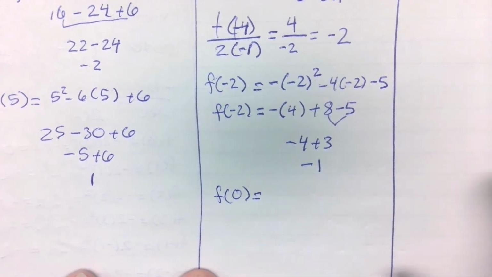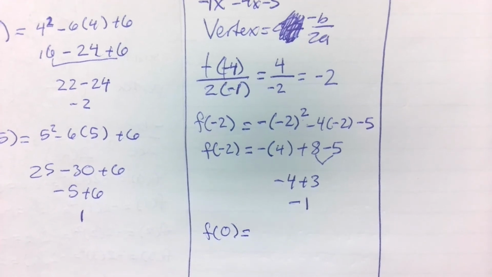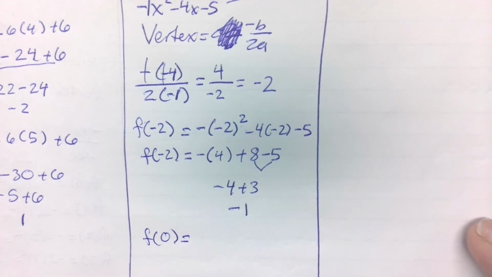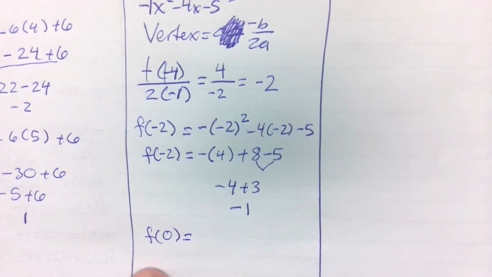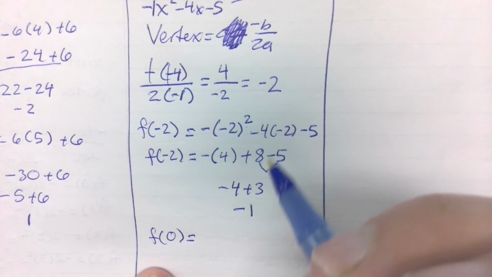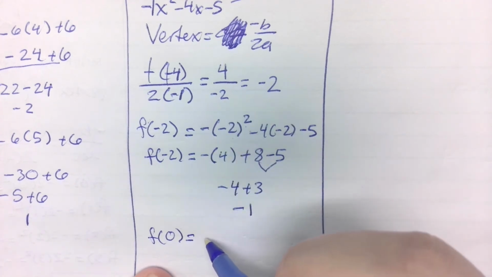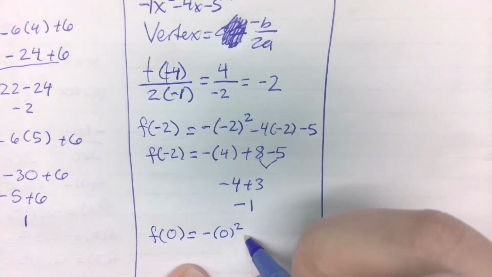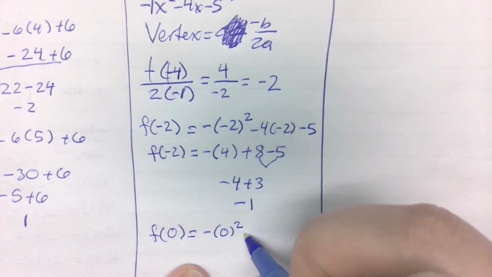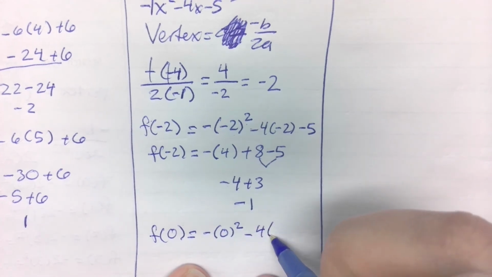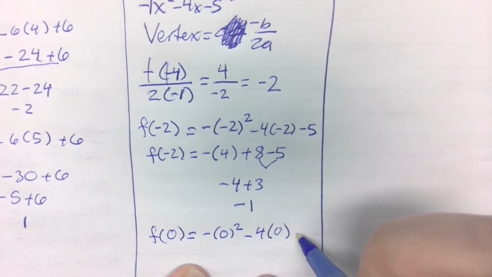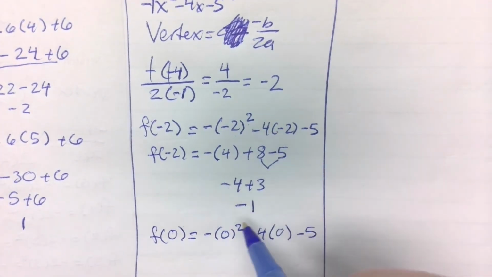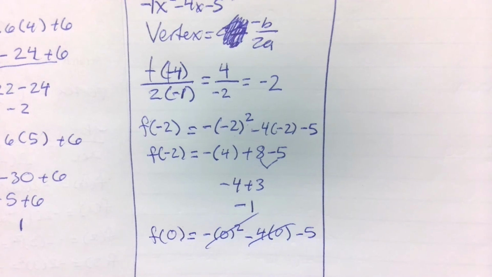Michael, can you help me set up the equation? 0 squared. What's anything times 0? 0. Goodbye, goodbye. What's the only thing left? Put it up.